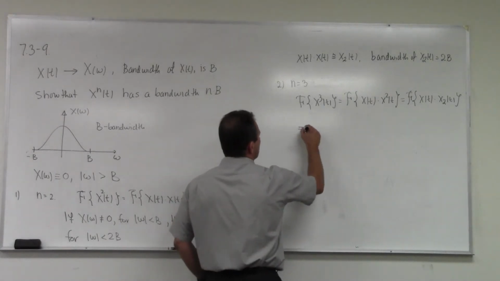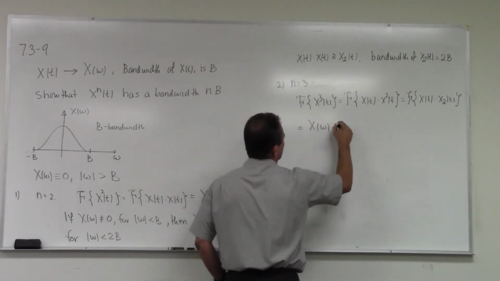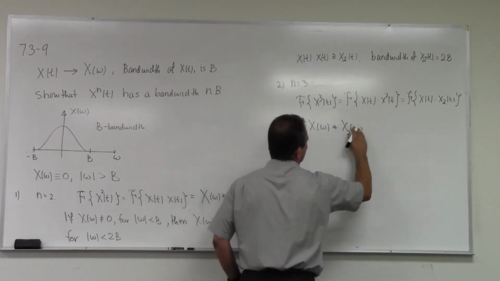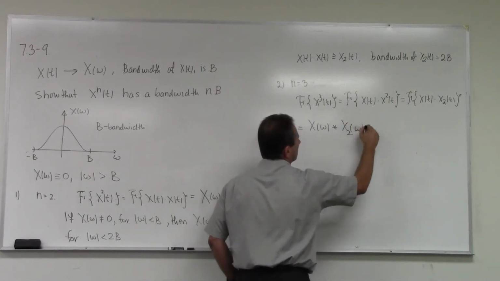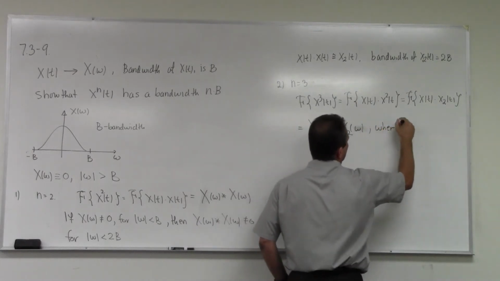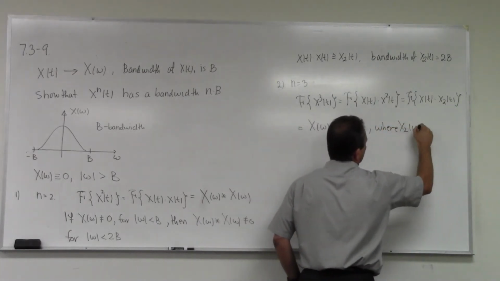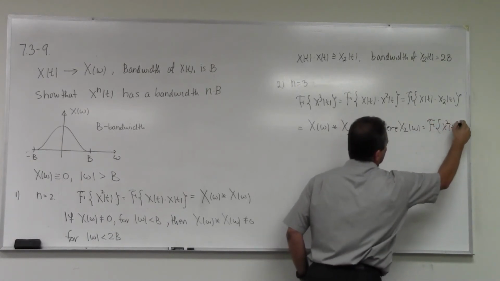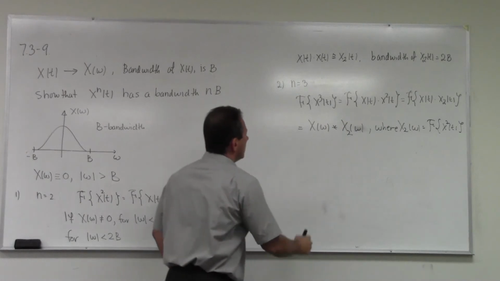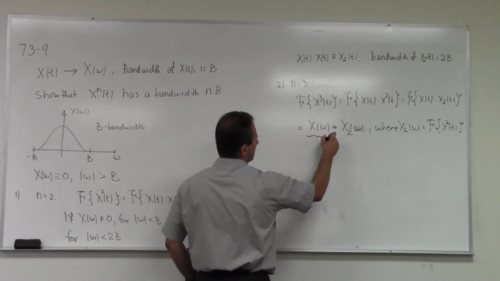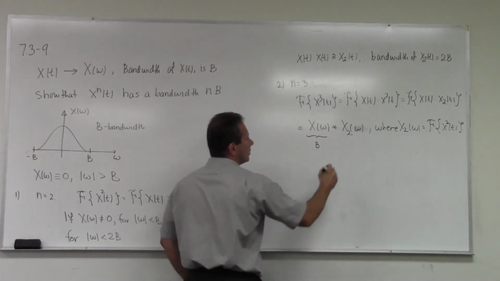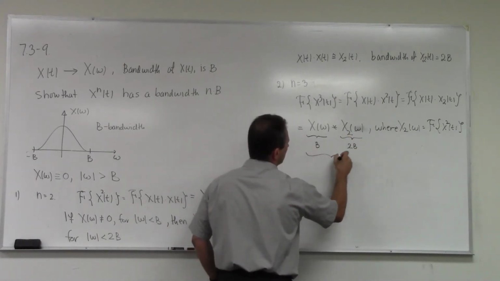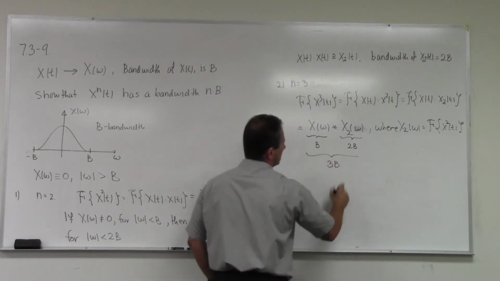So this becomes X of omega convolved with X2 of omega, where X2 of omega is the Fourier transform of x squared of t, x2 of t. Now, what is the bandwidth of this one? It's b. What is the bandwidth of this one? 2b. Therefore, the bandwidth of the whole thing is 3b.